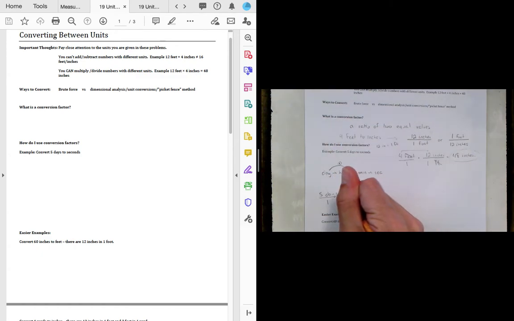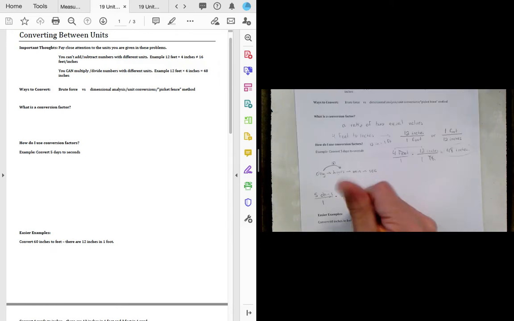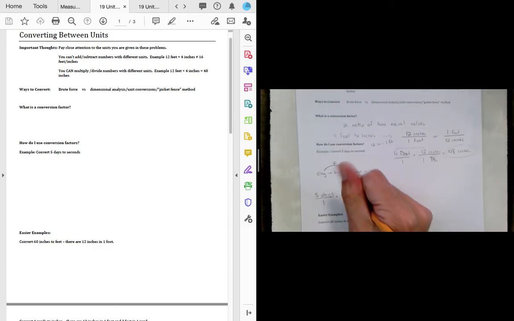If I want to go from days to hours, and I already have days on the top, my conversion factor needs to have days on the bottom, which means I'm going to put hours on top. Then I need to find the relationship between hours and days. Well, I know that one day, you don't need to put the S there, is the same as 24 hours.